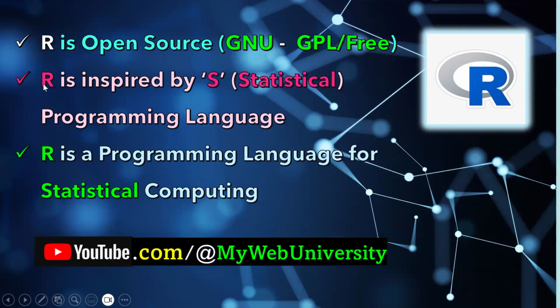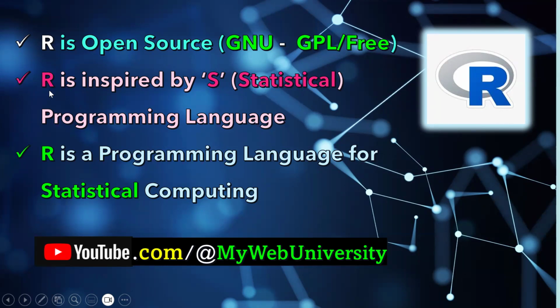So R is the successor of the S language, which supports statistical packages and a lot of other kinds of computation, data analysis, data mining, data science, and graphic data visualization. R supports everything, but it was inspired by the S language, which was statistical software.